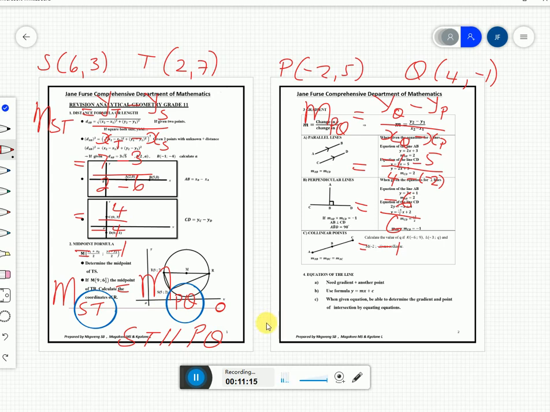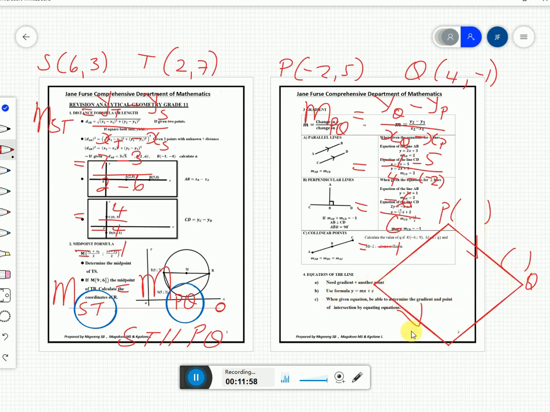Let me reveal something that is very important. If this line is parallel to this line, and you are given this P and this Q, and you got the gradient of PQ, you can use this gradient to find the other gradient, because they are the same.